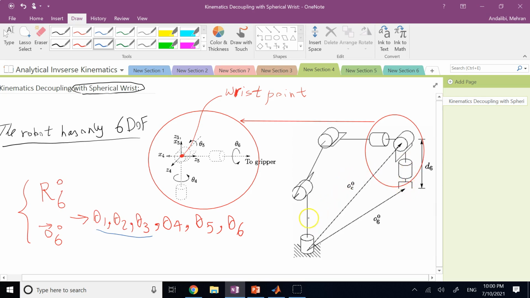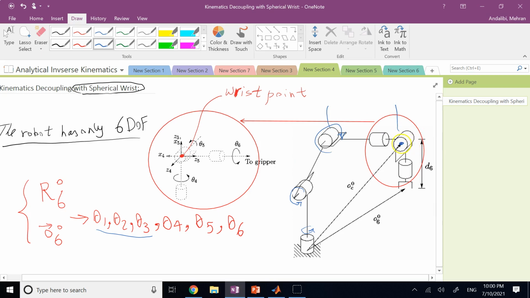Because if I know the first 3 angles, the angle of this one, this one, and this one, then since from here to here is a fixed length, I can determine the location of this wrist point.